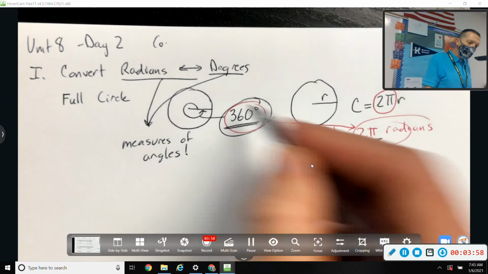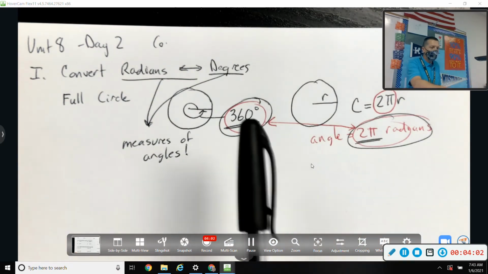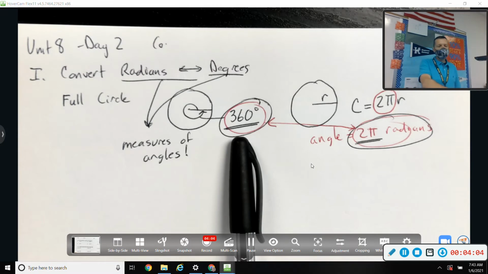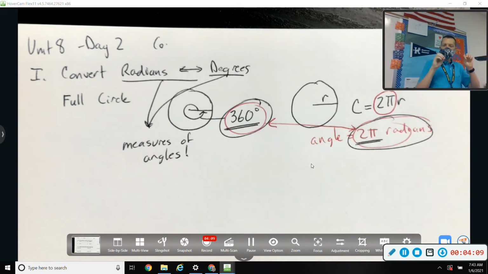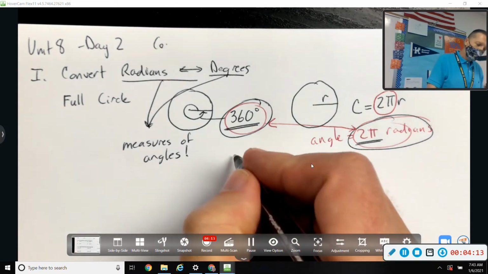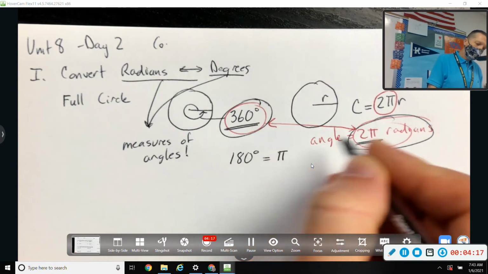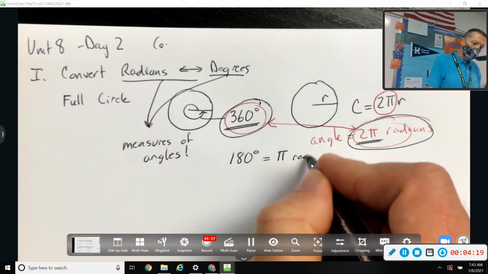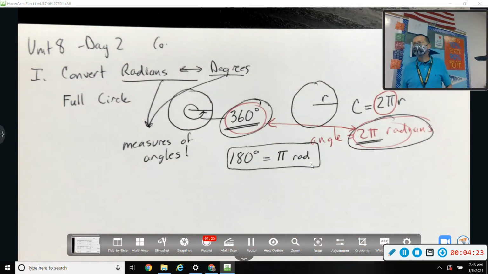Some people remember this one, 360 equals 2 pi, because everybody knows that 1 time around the circle is 360. Most people can remember 2 pi r, and so you take those 2 things together, set them equal to each other, and you've got your conversion. Another way to remember it is to just divide both sides by 2 and say that 180 degrees is pi radians.